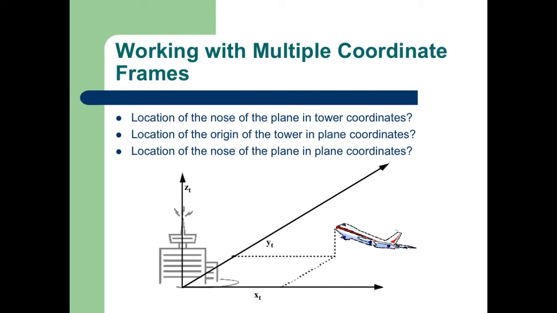Drawing some lines to show us the math for the location of the nose of the plane in tower coordinates isn't too bad. We did our little lines here, and if we know what those distances are, everything is easy and we can plot that point. And similarly, we can plot the location of the origin of the tower in plane coordinates.